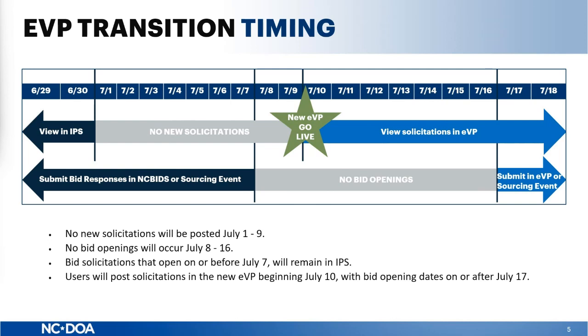And then from August 10th to October 10th, that'll give it 2 months for an award notification to be up in the system. So that is what that is. And then August 11th, it will be gone. And going forward, then everything will be in the new eVP system.